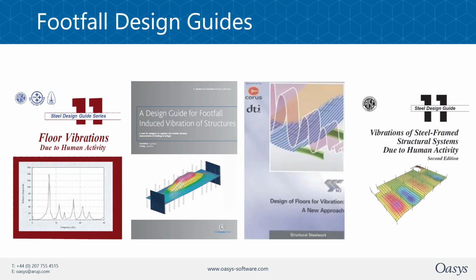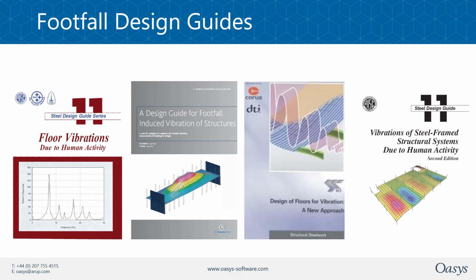There have been a number of design guides looking at these problems over the years. One of the first was the American Institute of Steel Construction, or AISC's guide, Floor Vibrations Due to Human Activity, published way back in 1997. Since then, there have been a number of further design guides published. Concrete Centre's CCIP 016, a design guide for footfall-induced vibration of structures.